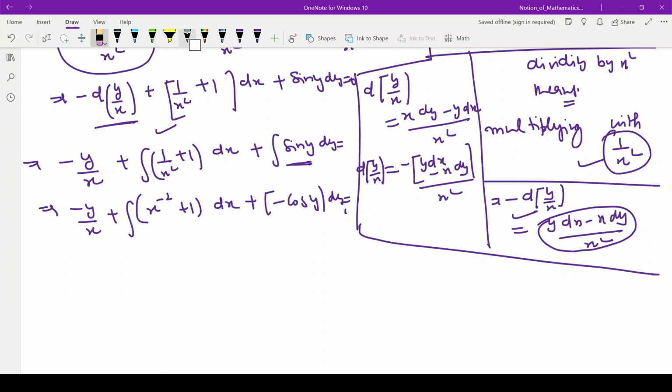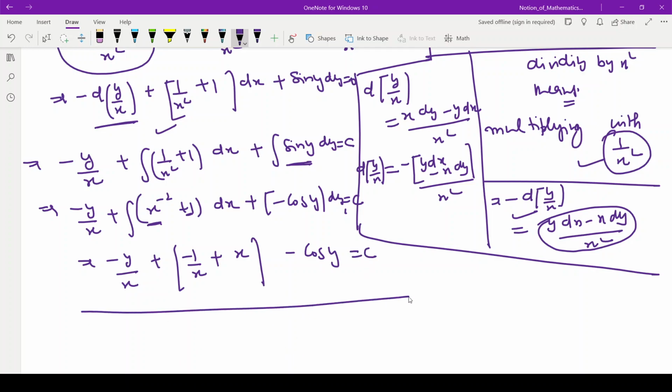So I will amend it like this, it is equal to c, a constant term. Then we have minus y upon x plus, integration of x to the power minus 2, which is minus 1 upon x, plus integration of dx, which is x, and minus cosine of y is equal to constant. Then you can modify this a little bit more as per the requirement.